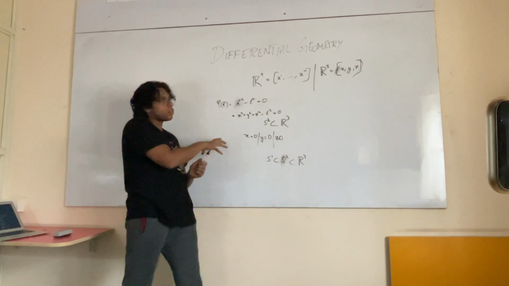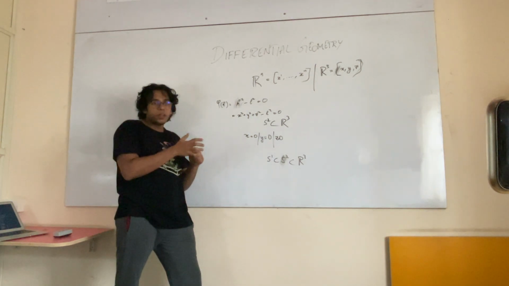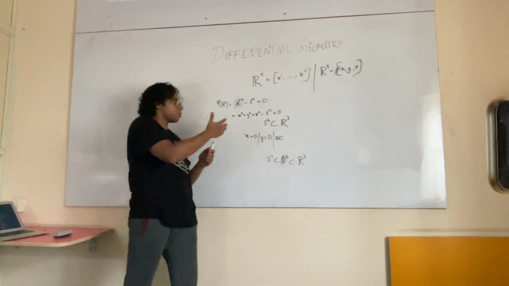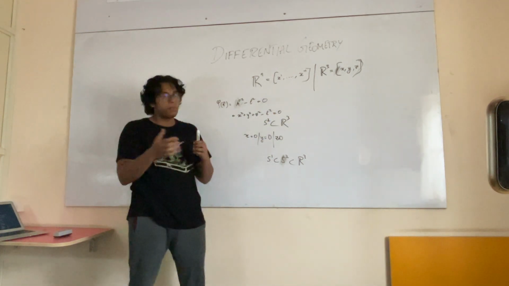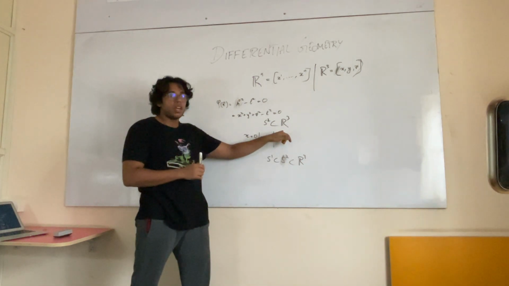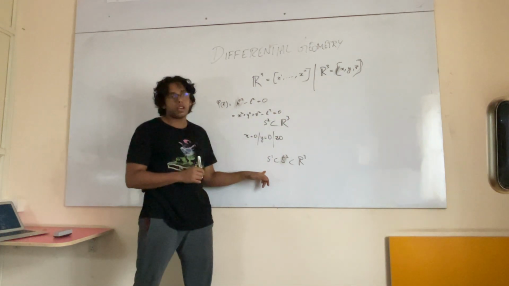So this gives you the idea of what topological objects are, and as you see, S2 is a submanifold of R3, and S1 is a submanifold of S2.